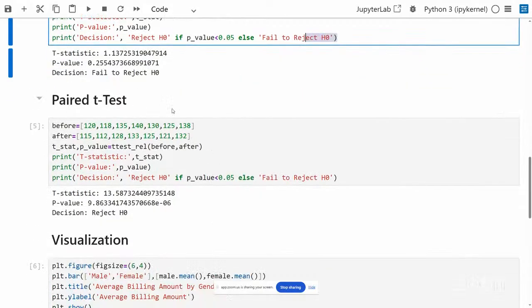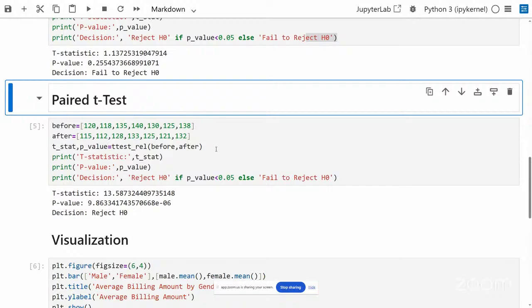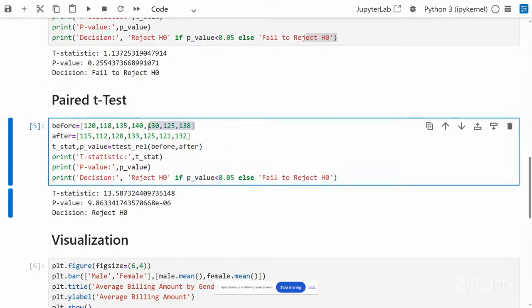Then we have the paired t-test. This is the way we have two different data sets, but here we have the condition at one particular time, before and after. When we have the data of the patients, what was the condition before starting any treatment, and what are the conditions after starting the treatment?